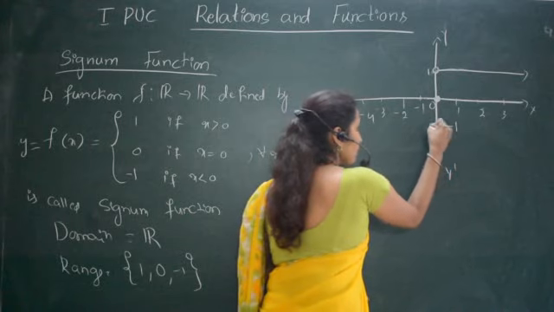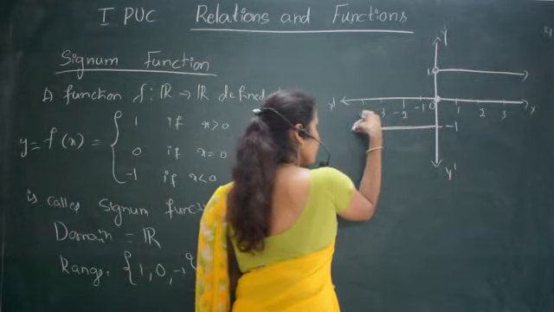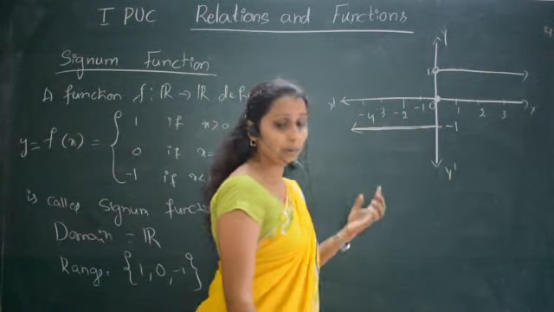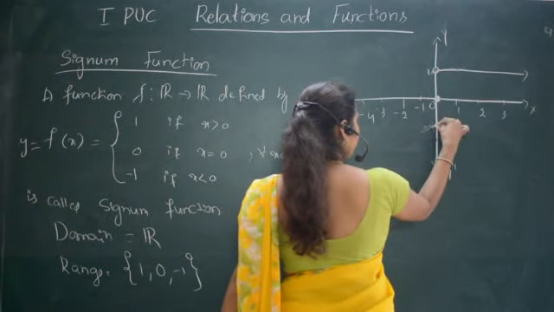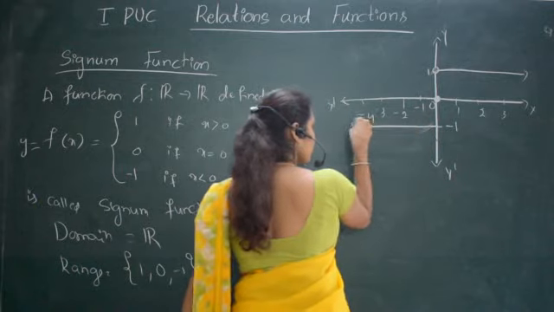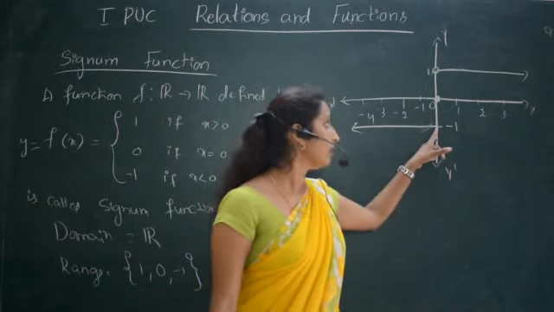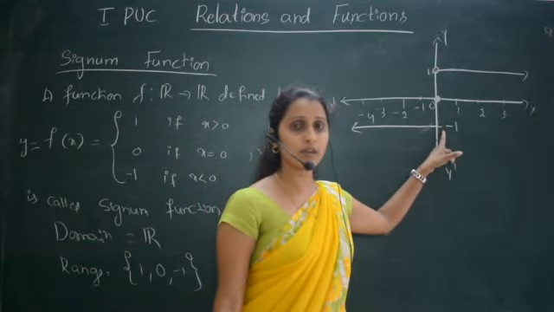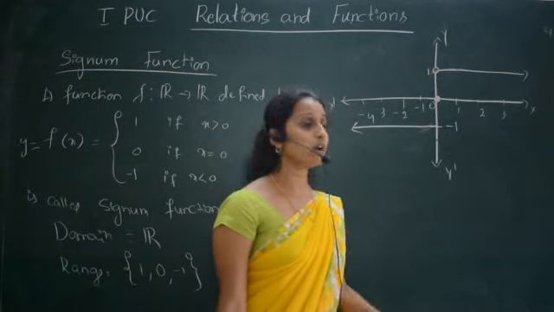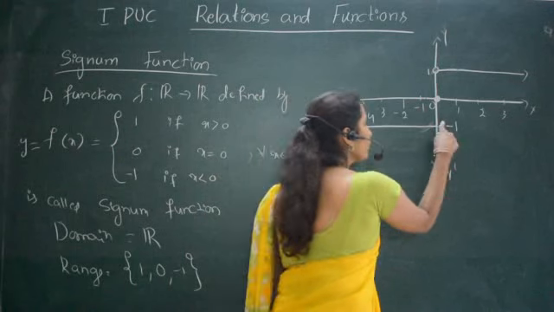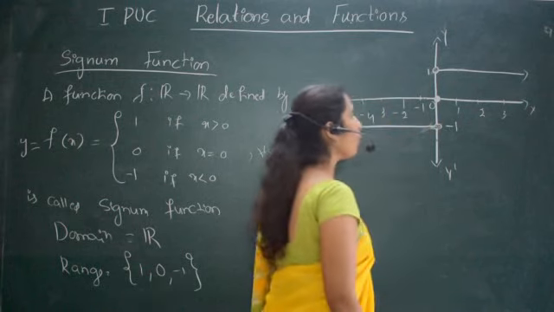All these are minus 1 values. But if I consider this point, it would be 0 comma minus 1. When x is 0, y is not minus 1, so we cannot consider 0 comma minus 1 as a point. Therefore this point again I have to exclude, which means I have to write an open circle.